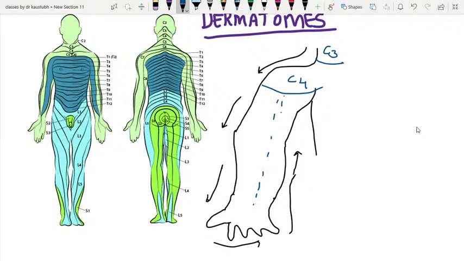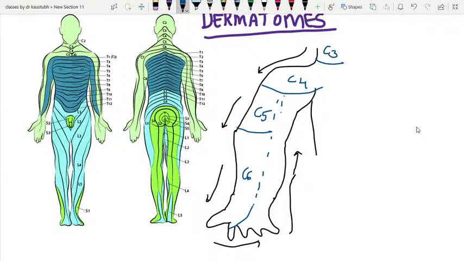You have arm, forearm, and the hand. Now in the arm, as I told you, we are going from central to lateral. This comes out to be C5, this comes out to be C6. That is the lateral aspect of the forearm and the thumb, it becomes C6.